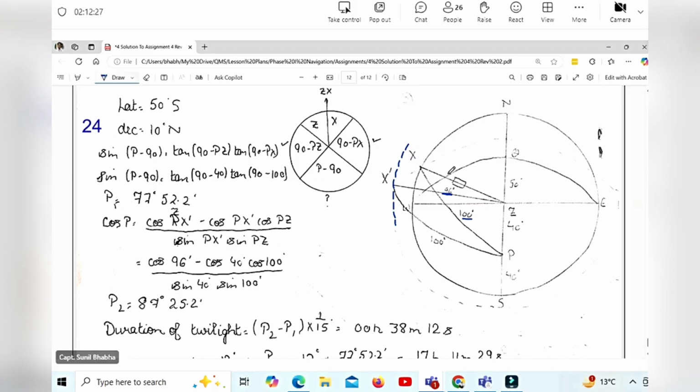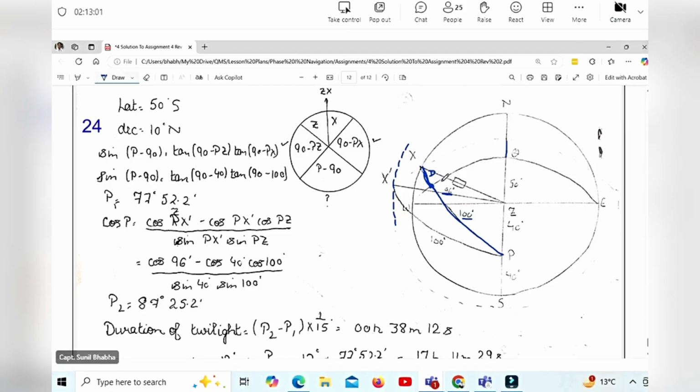Look beta, the sun's declination is north. That is why we have made the declination circle north of the equinoctial. Now from the pole, if you go up to the equinoctial, it is 90 degrees. And from the equinoctial up to the declination circle, it is equal to the declination. So this side PX will be 90 plus declination.